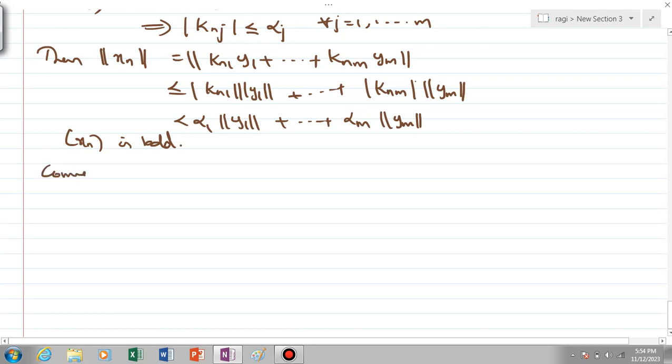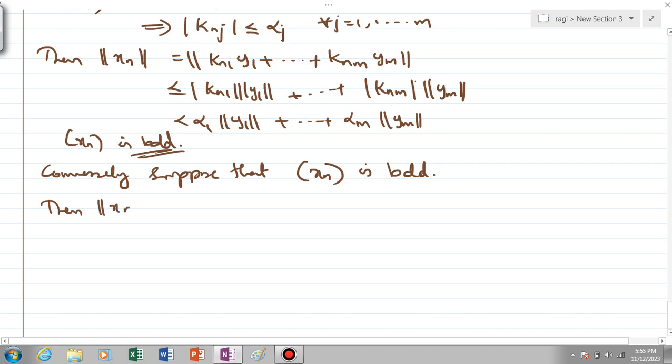Conversely, suppose that the sequence xn is bounded. Then we have to prove that each sequence knj is bounded. Then norm xn is equal to the norm of kn1 y1 plus kn2 y2 plus etc. plus knm ym.